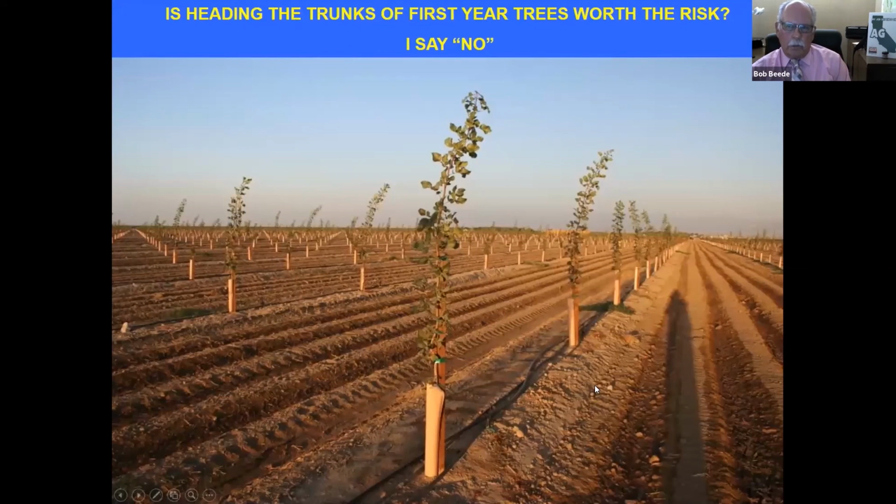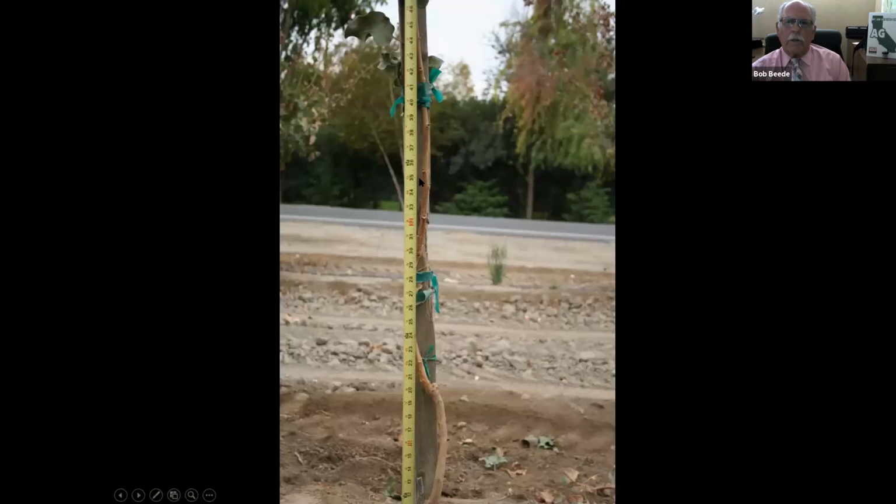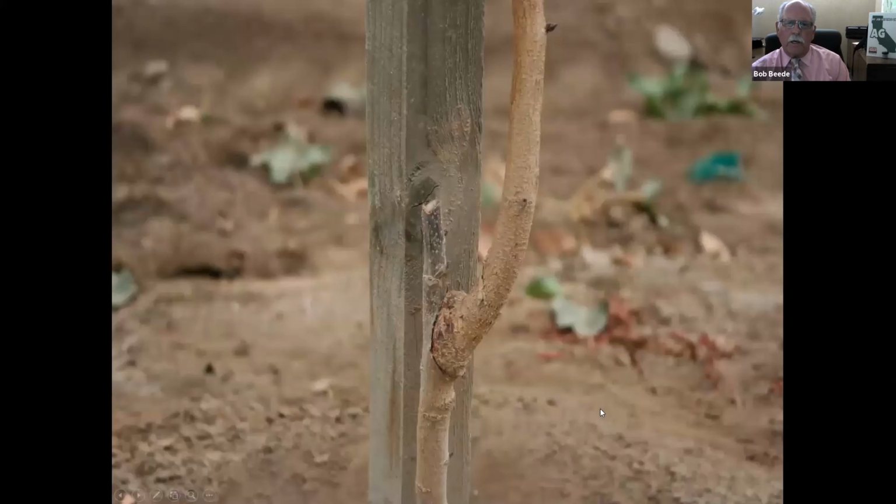Another example of a beautiful orchard approaching fall that's been properly hardened off, with weed control under excellent conditions, and plenty of growth for heading. And even though they grew so well, there's no value, in my opinion, in heading them in season. We then head these, as I mentioned, at 42 to 44 inches in the wintertime.